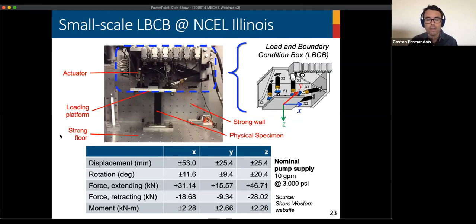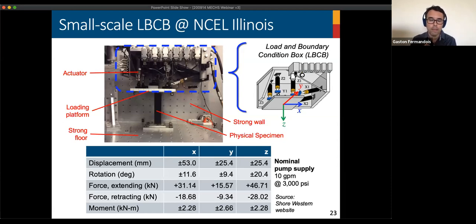So basically, the motion of the platform of this box is going to conduct the relative motion of the specimen in one point, while the other point of the specimen is connected to the strong floor.